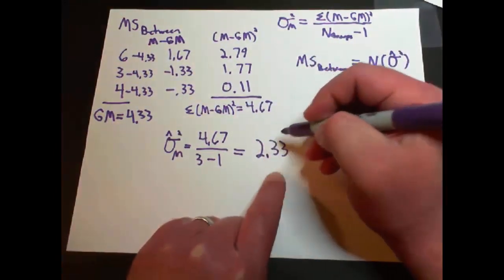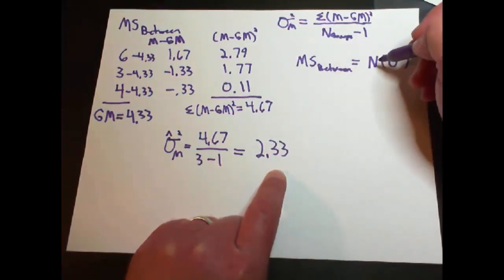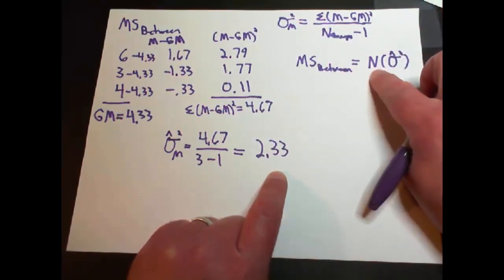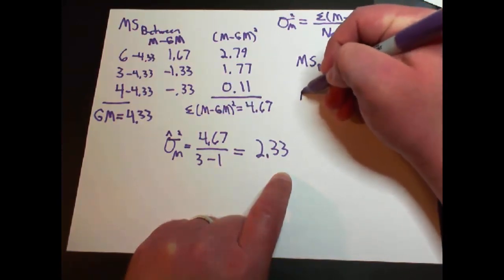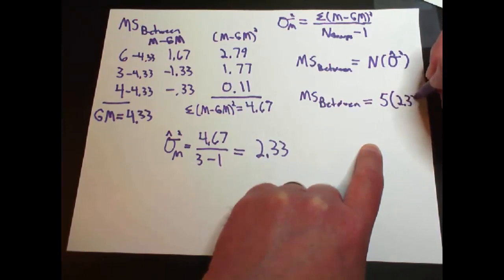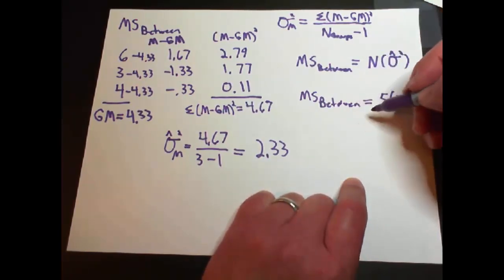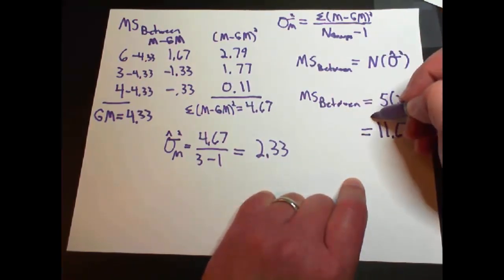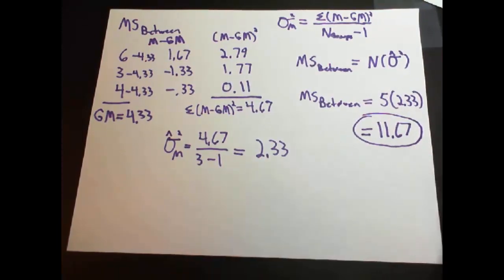And now to get our MS between, we need to multiply that by n, but again, where n is the size of our samples. So in this case, we had samples of 5. That's our MS between.